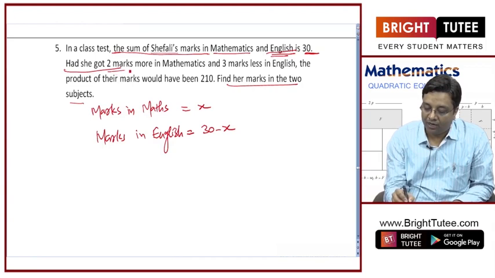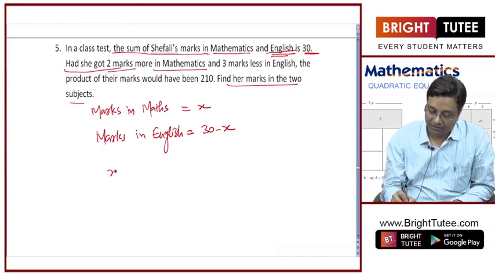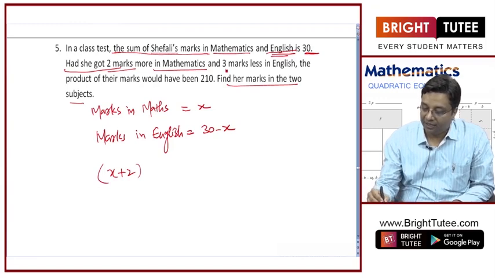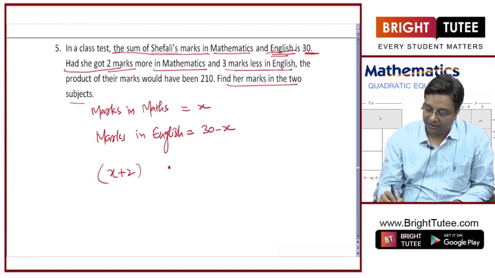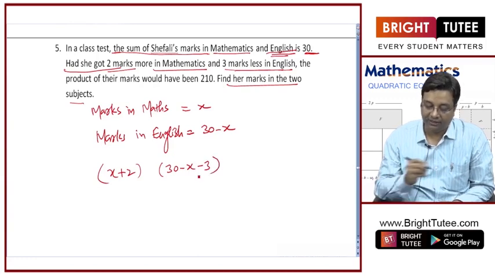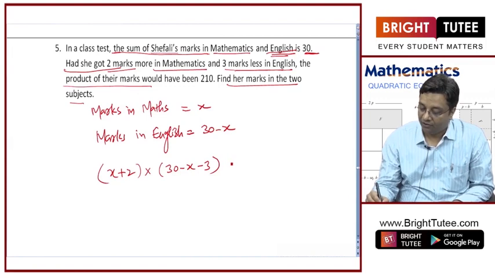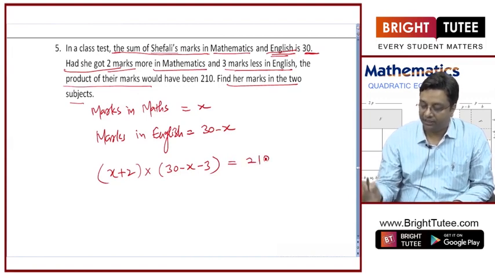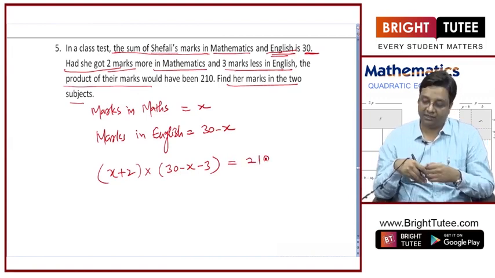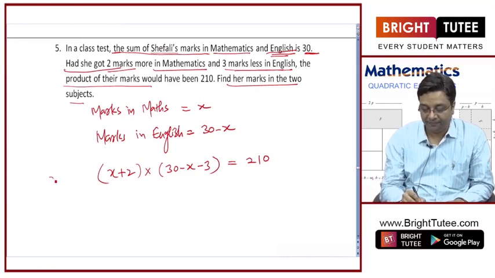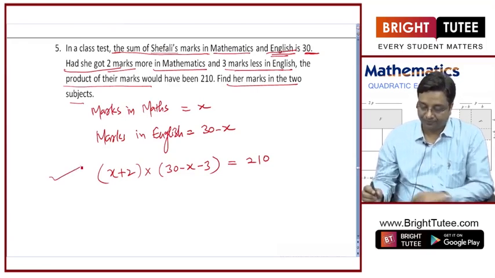Had she got 2 marks more in mathematics, had she got x + 2 in maths, and 3 marks less in English, 30 − x − 3 in English, then the product of their marks would have been 210. Find her marks in the 2 subjects. So this is the quadratic form.